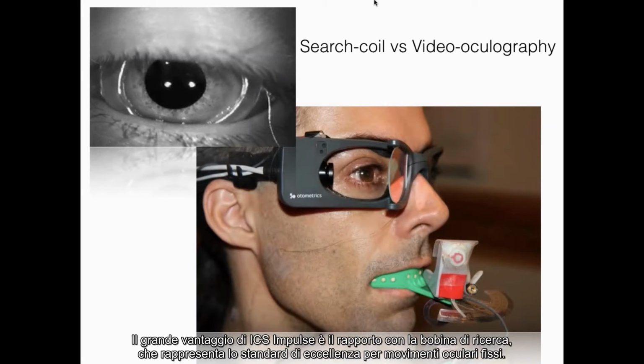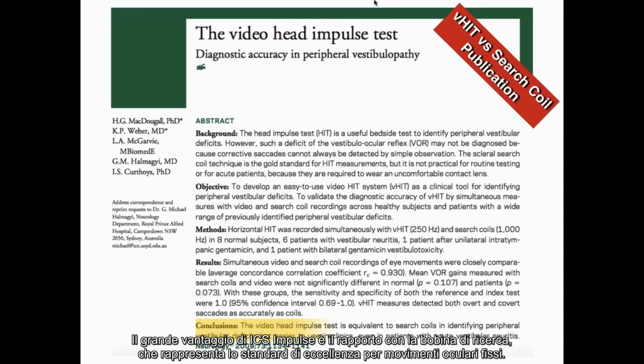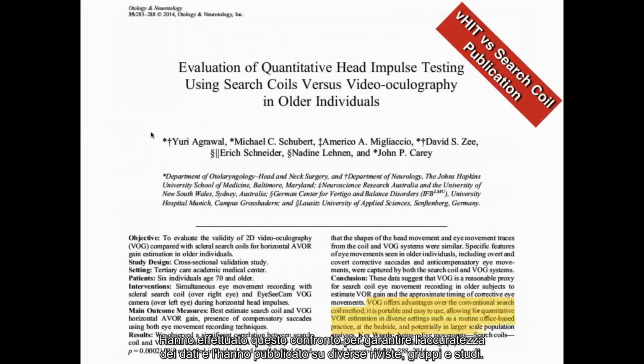And the great advantage of the ICS Impulse is that they have been doing comparisons with the surgical coil, which is the gold standard for studying eye movements. So they did this comparison to make sure the measurement is accurate, and it has been published in a lot of different publications here.